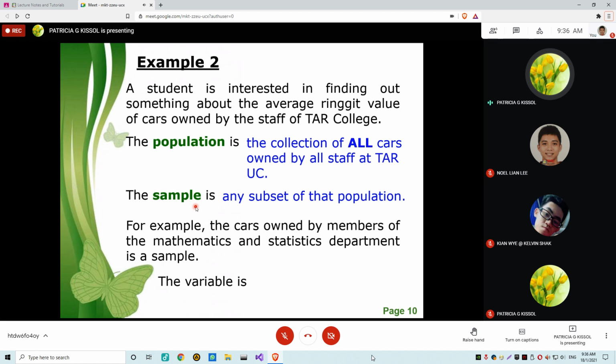I hope you can understand the difference between population and sample. Population is all. Sample is only a subset or some part of a similar category. And the variable here is the ringgit value of each individual car.